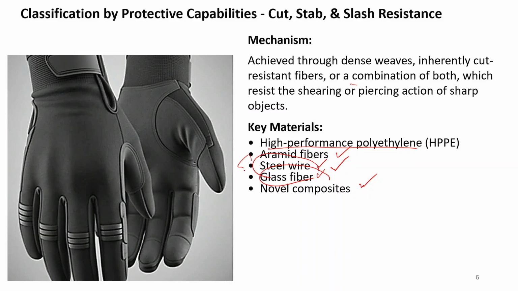So, we can develop composite yarn where glass or stainless steel is in the core and it is covered by, say, high performance polyethylene for giving better comfort. So, all combinations we can make. We will discuss the yarn structure, the fabric structures, everything subsequently.